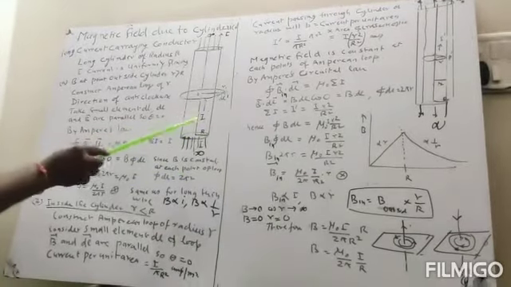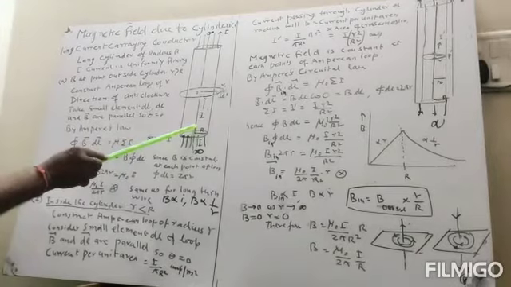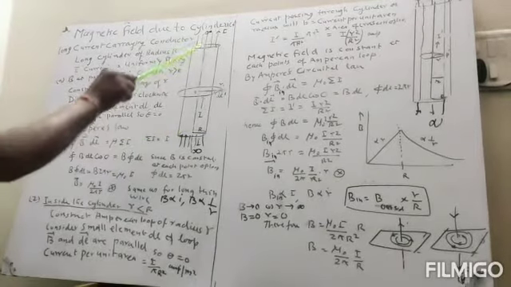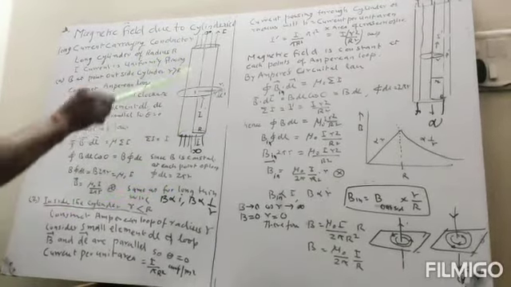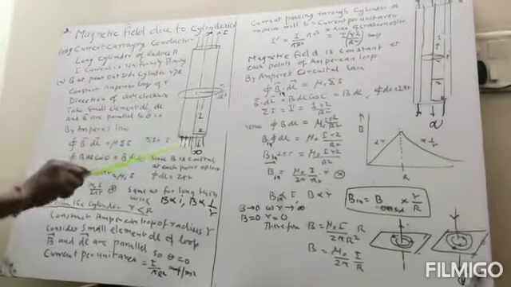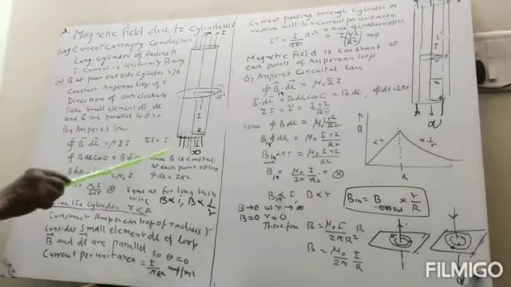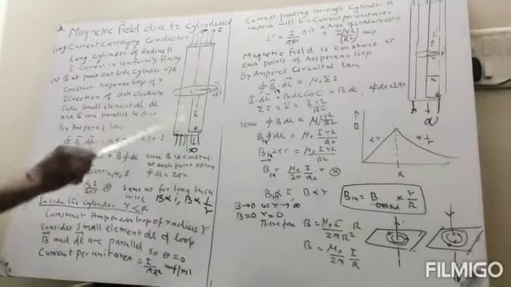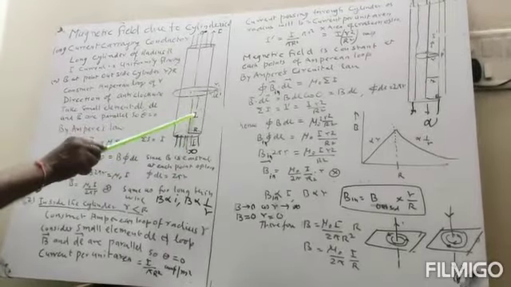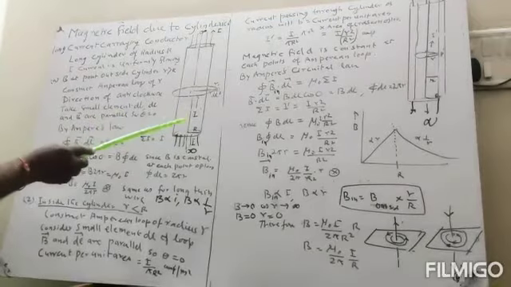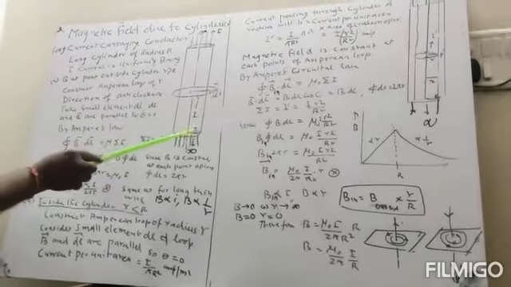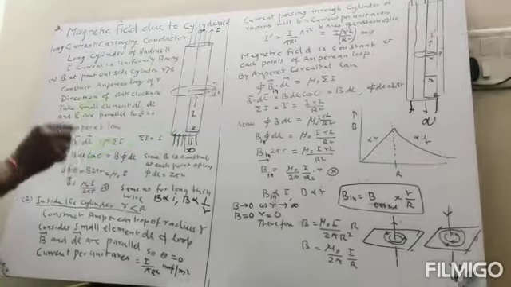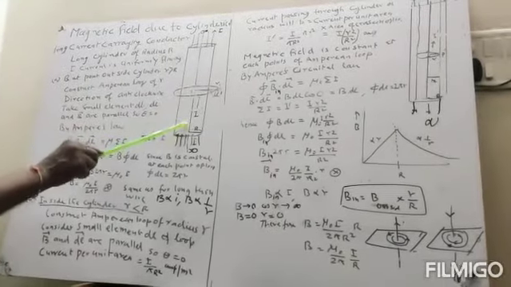Now here the point is inside the cylinder. The construction is the same. The length of this cylinder is very large. A total current I is passing through it, and the current I is passing uniformly throughout the area of cross section of this cylinder.